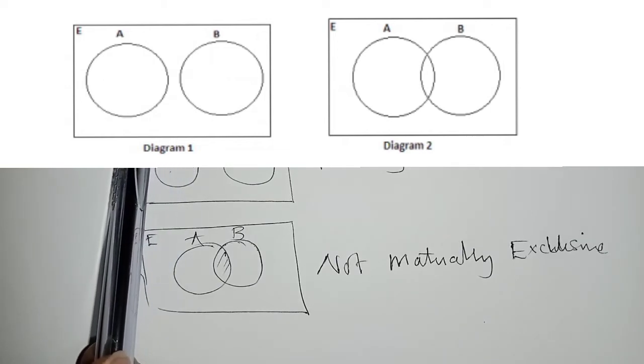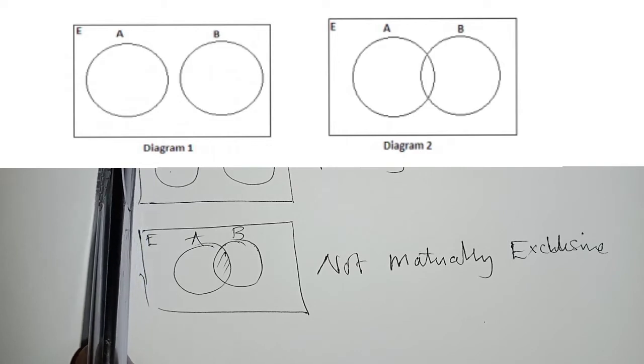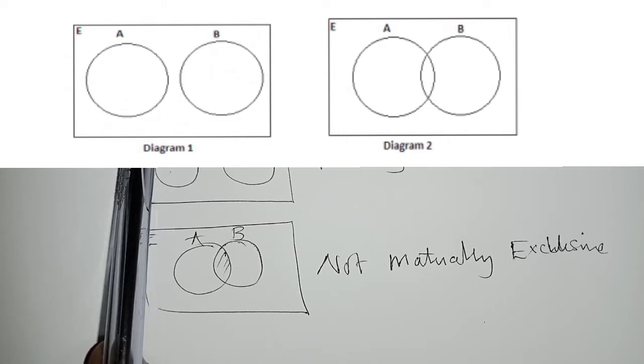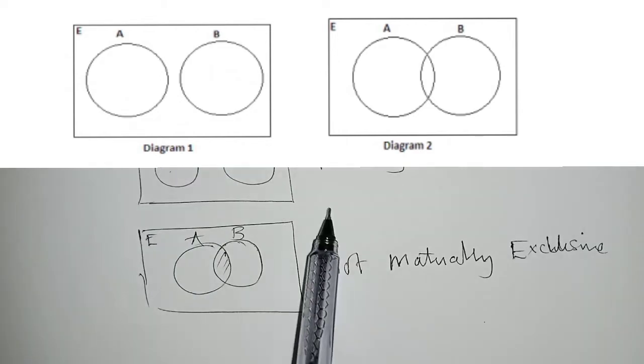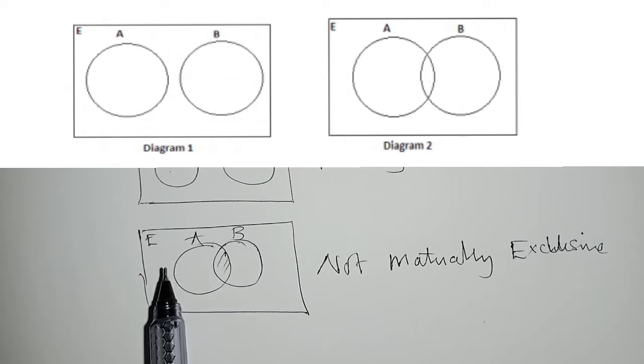Because this property says if the intersection or probability of the intersection of these two sets is 0, meaning it's mutually exclusive. But if it's not, that entails that what we're dealing with is not mutually exclusive.